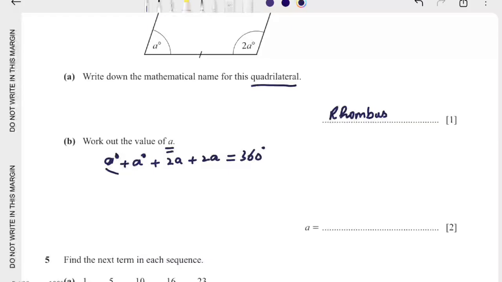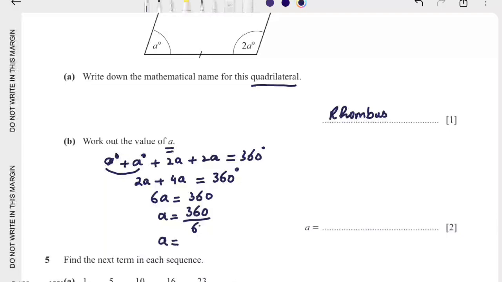It would be A plus A is 2A, plus 2A plus 2A is 4A, so 6A is equal to 360 degrees. So we divide by 6. So the value of A is equal to 6 ones are 6, 6 sixes are 60 degrees would be the answer of A.